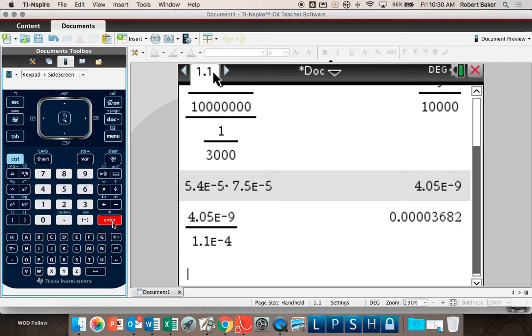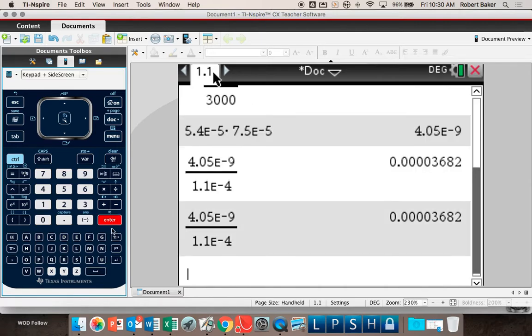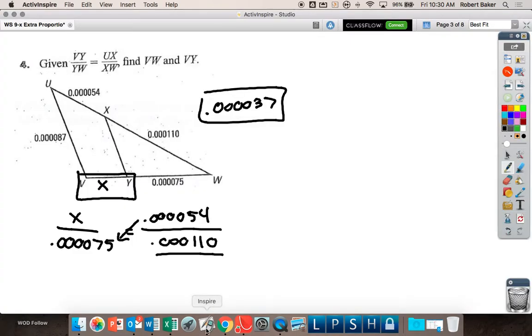Oh, I missed a 0. Then to solve for it, just add, right? Why is this not coming out right? I multiplied by the wrong number. I think you did 3 zeros.